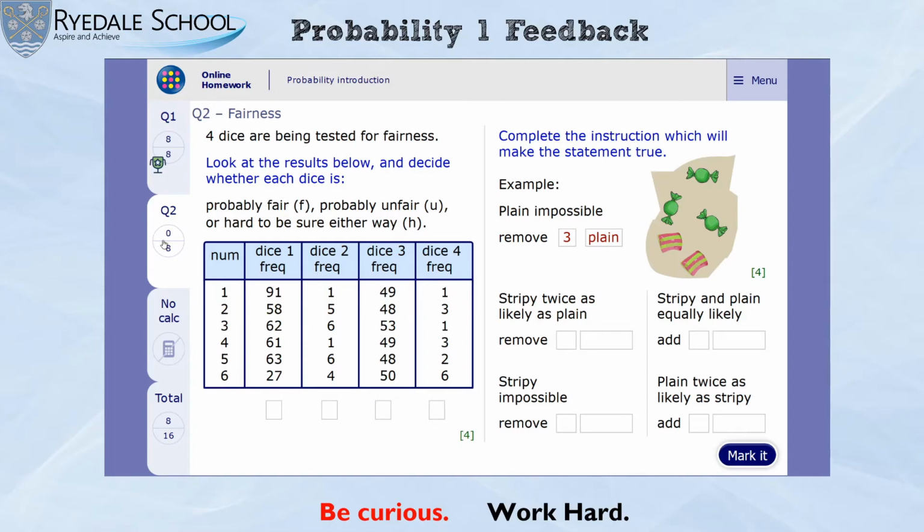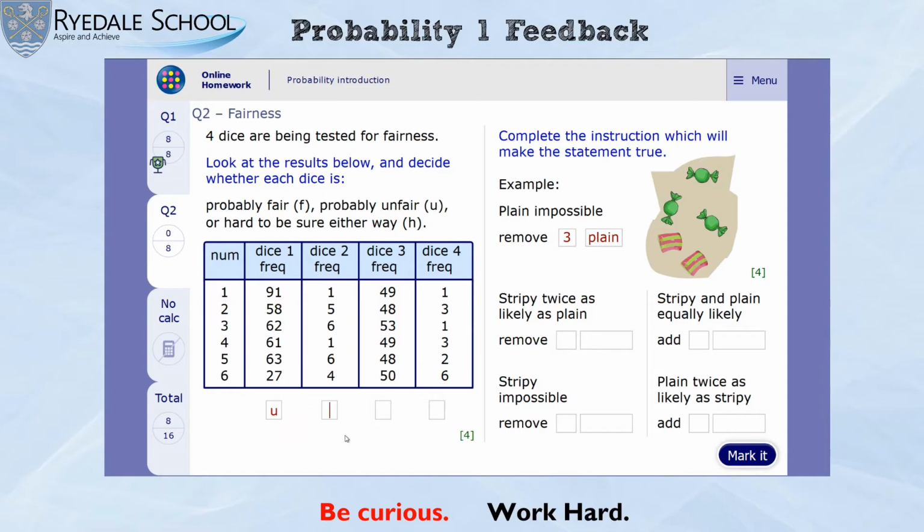If the numbers for the frequencies are about the same, it's probably fair. If the numbers for the frequencies are very different, then I'm going to go unfair. And if it hasn't been rolled many times, I'm going to put hard to tell. So looking at dice number 1, there's a lot of 1s and very few 6s, so I'm going to say unfair.